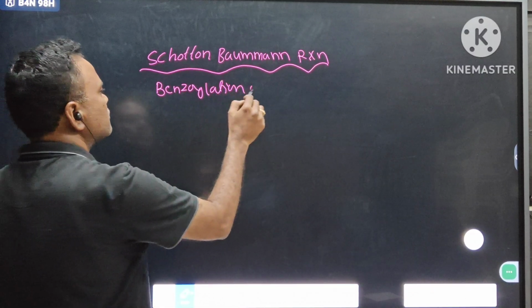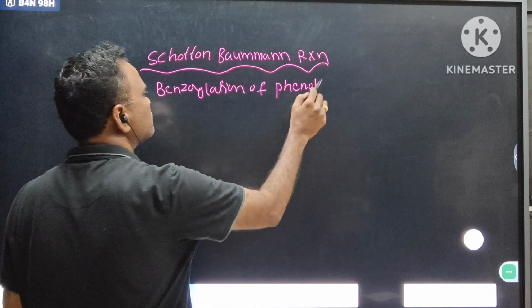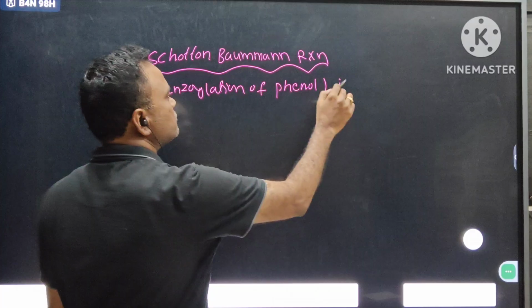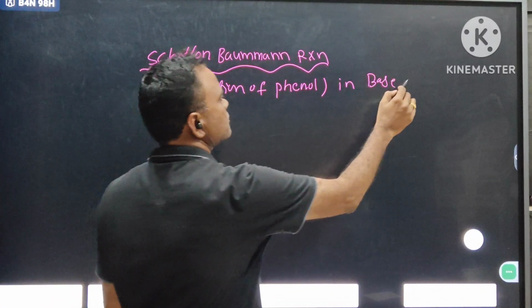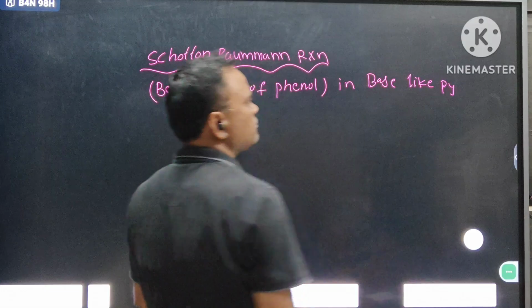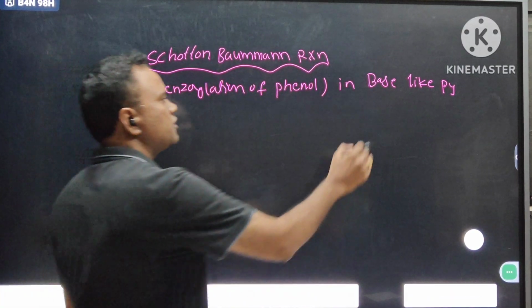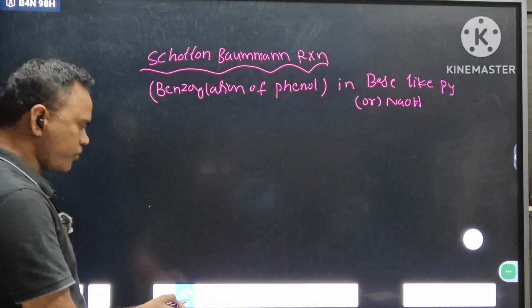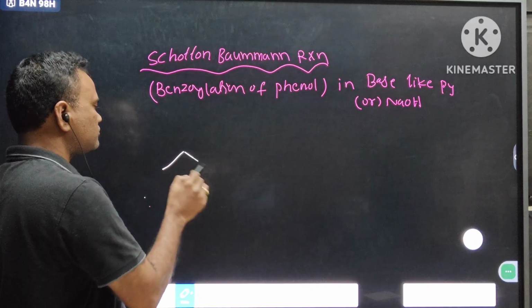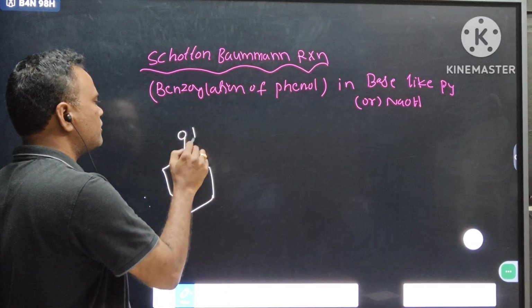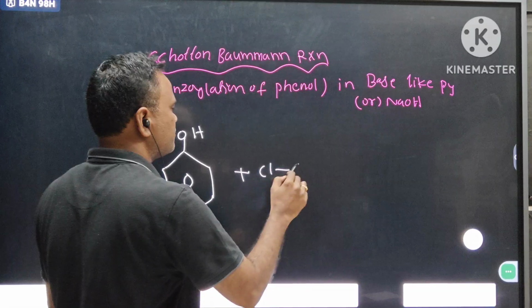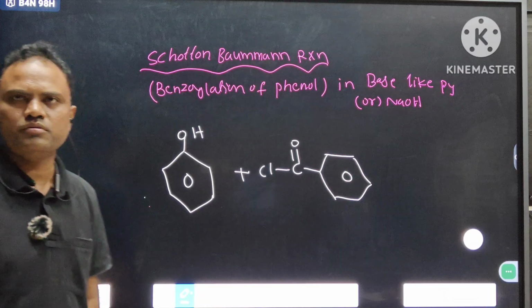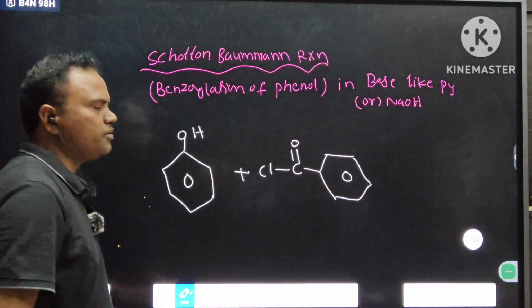Schotten-Baumann reaction of phenol. In presence of base, this is benzoyl chloride.